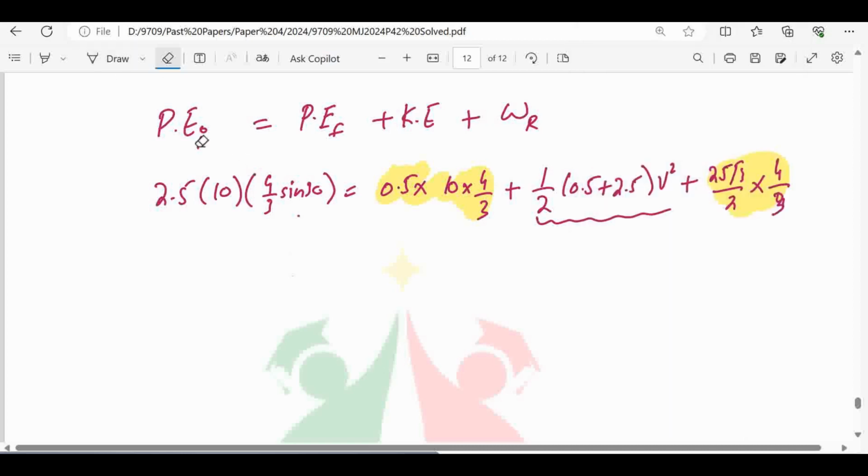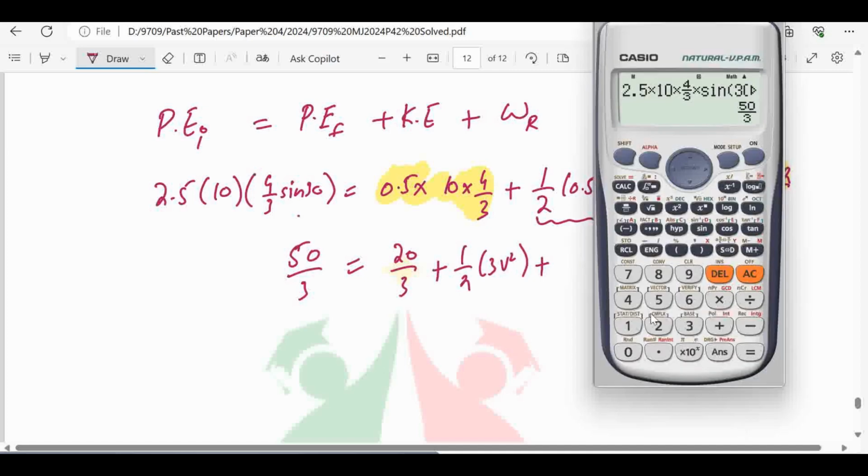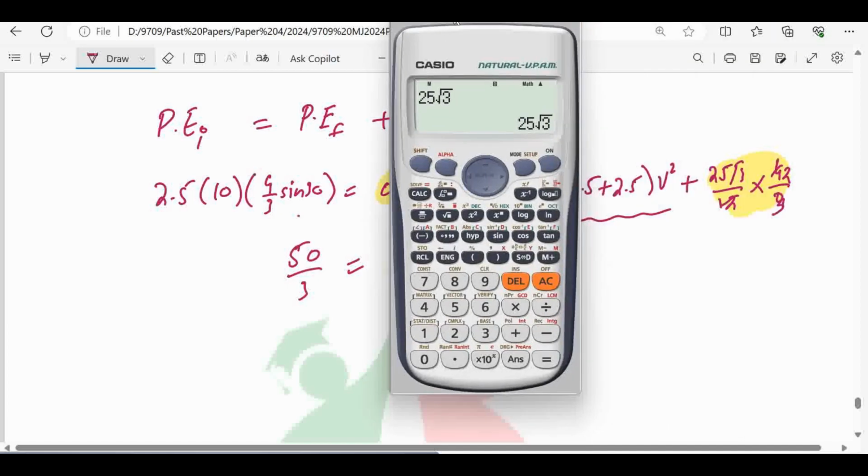So 50 by 3 is equal to 0.5 into 10, so this will be 5 into 4, 20 by 3, plus 1 by 2 into 3v square, plus, we can simplify it here, 2 1s are 2, 2 2s are 4, so 25 square root of 3, multiplied by 2 divided by 3.